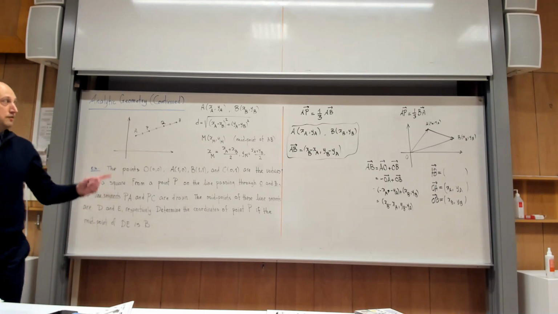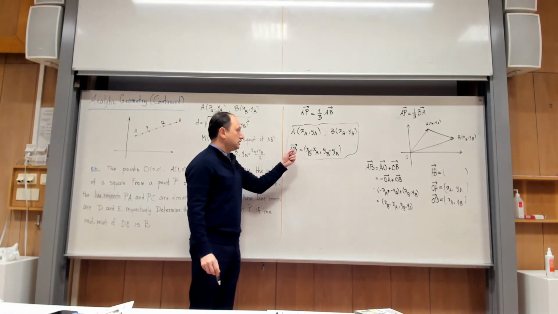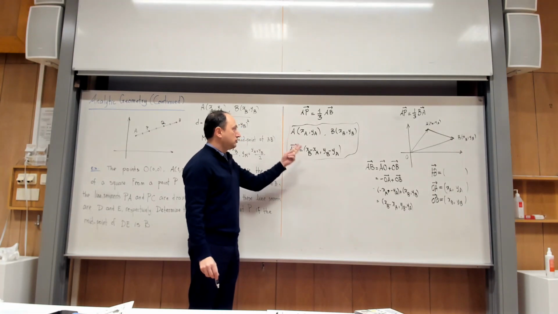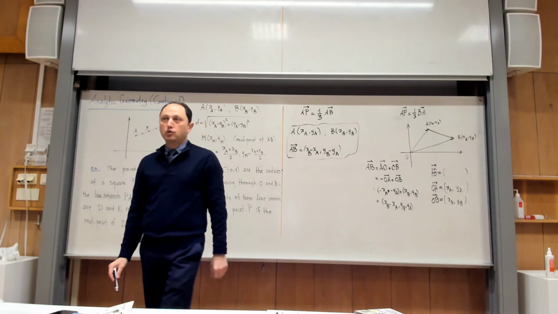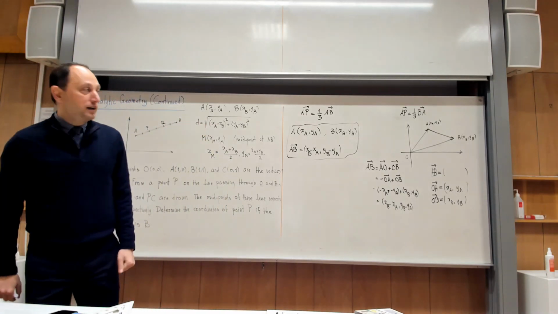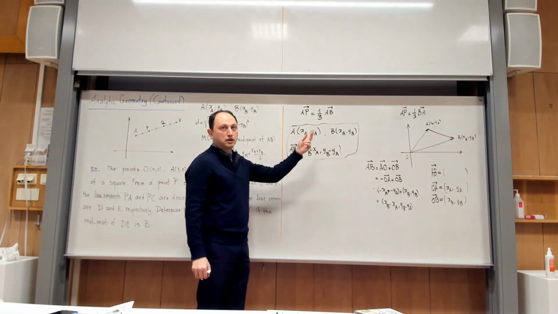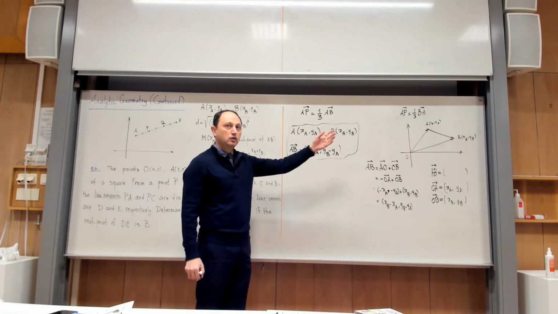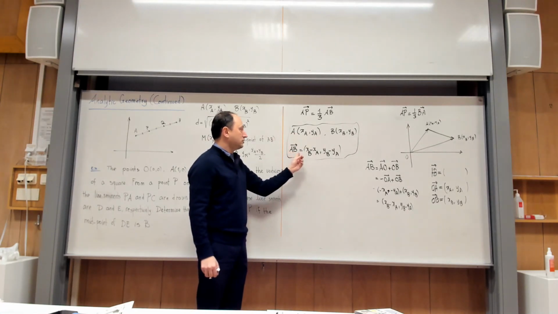So this is a formula. If I tell you why this is, what is the benefit of this, you should tell me. You give me 2 points in the coordinate system, and from those 2 points I can construct 2 vectors, either vector AB or vector BA. But here I have decided to give you vector AB.